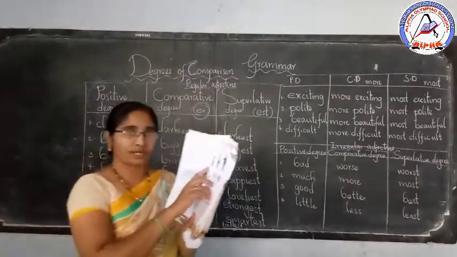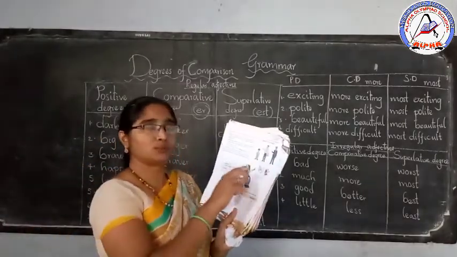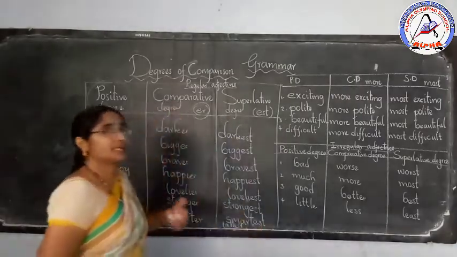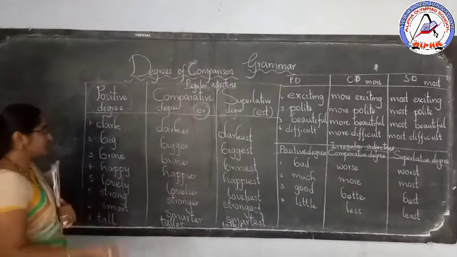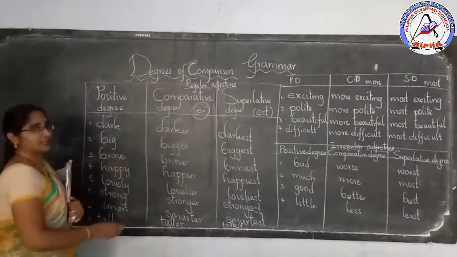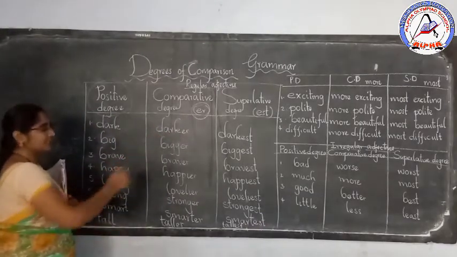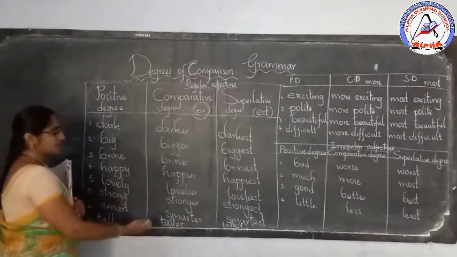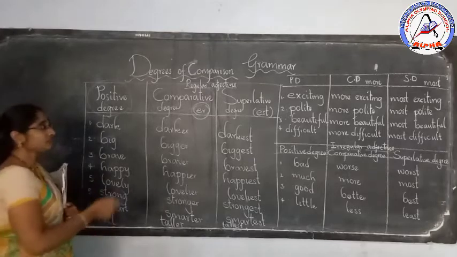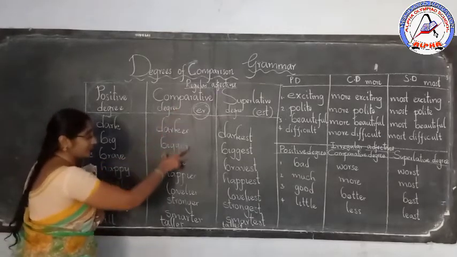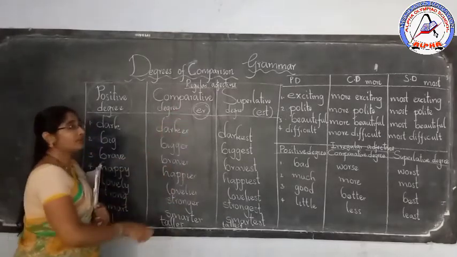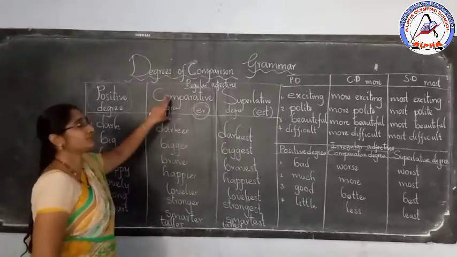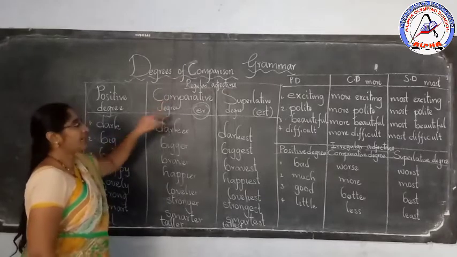Abdul is a tall boy. When we are comparing Abdul and his teacher, the teacher is taller than Abdul. Like this, you can talk about two people or two things. Darker, bigger, braver, happier, lovelier, stronger, smarter, taller. When we are comparing two things or two people, we use the comparative form of the adjective.